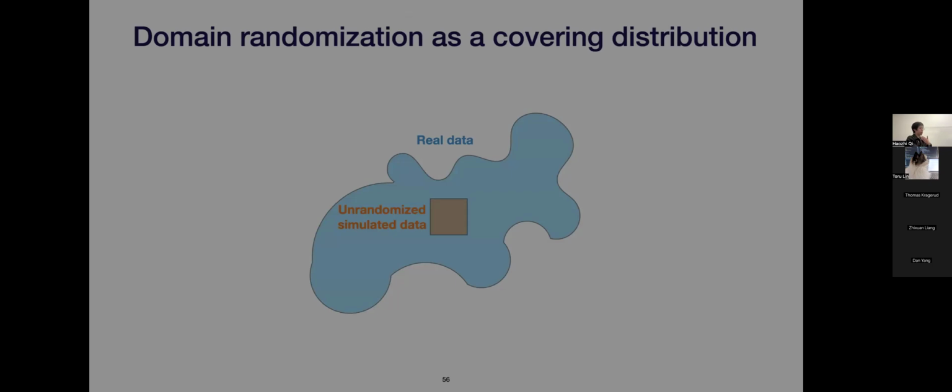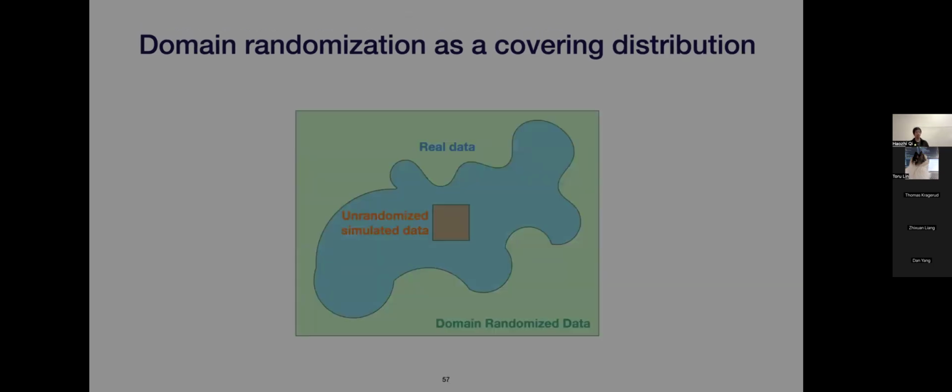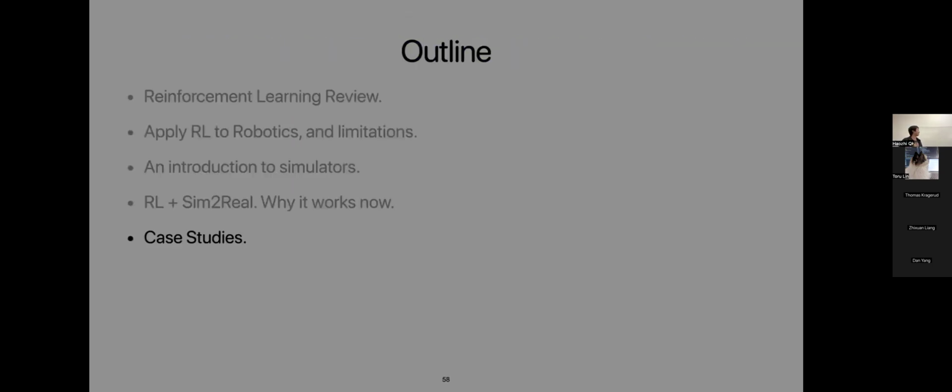The idea of domain randomization is to increase the coverage of this data, not by trying to exactly replicate the real-world data, but by simply expanding the boundaries of the simulated data to achieve a larger set of domain randomizations. And if a policy achieves good performance on these larger green regions, it will also tend to be a good policy in the real-world distribution. Okay, any questions?